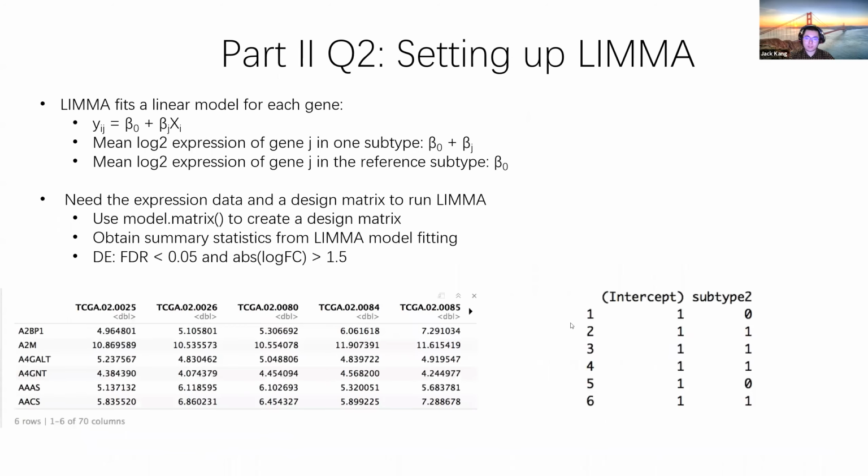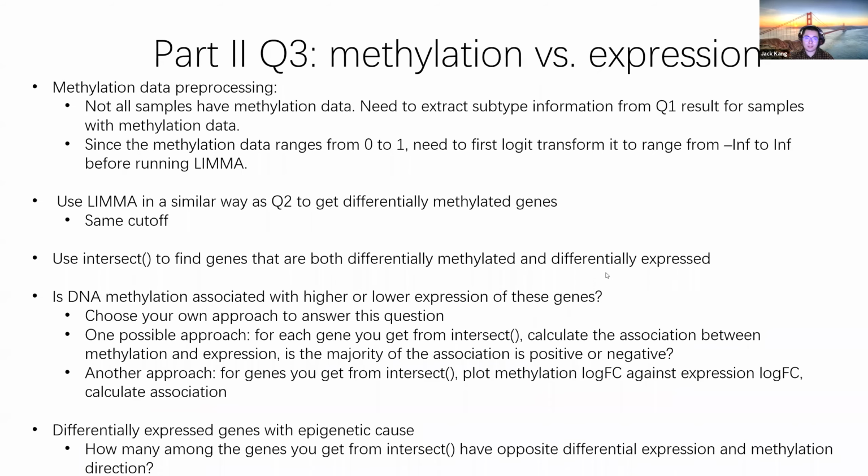So you can't just use the same model matrix with 60 rows. You need to create a new model matrix, and remember to extract the correct subtype information from your Q1 clustering to build a model matrix for question 3.